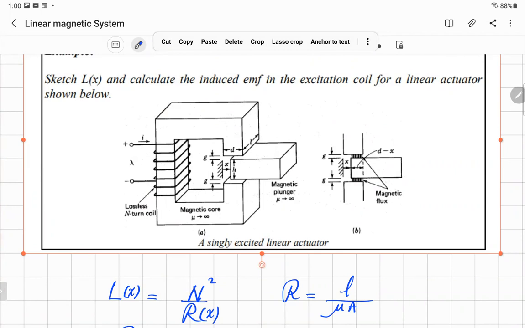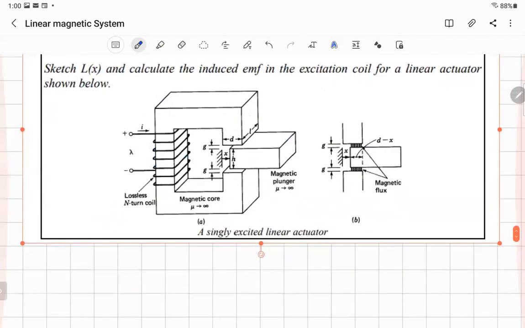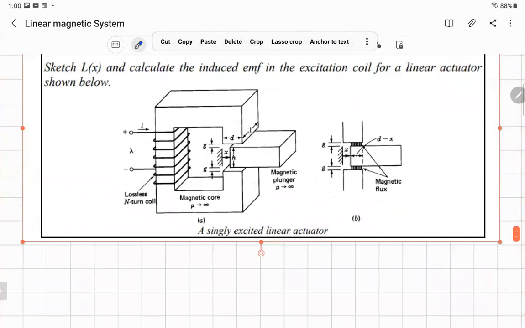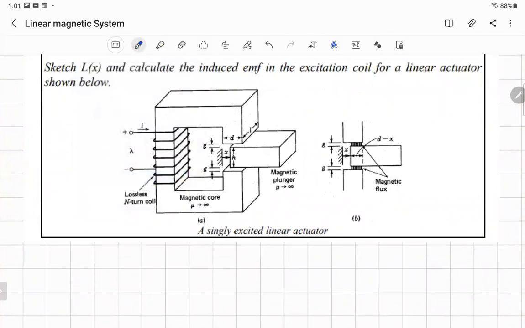So it'll be going through where the core is. When you look at this part, you'll find that the flux will be in this area. But in this area, there is no core, so the flux will not go through. So you find where the common core, the iron core, is, and that will be the area.